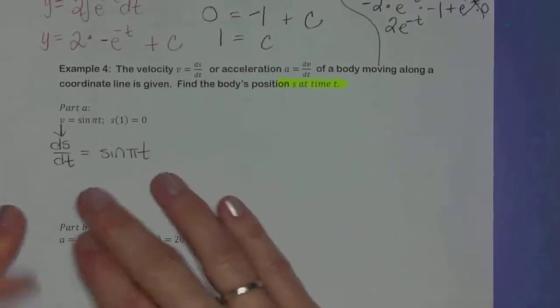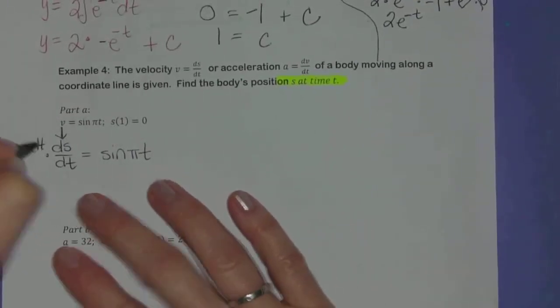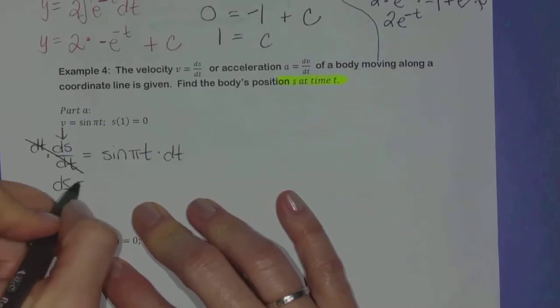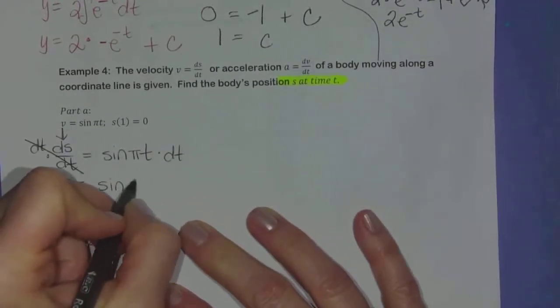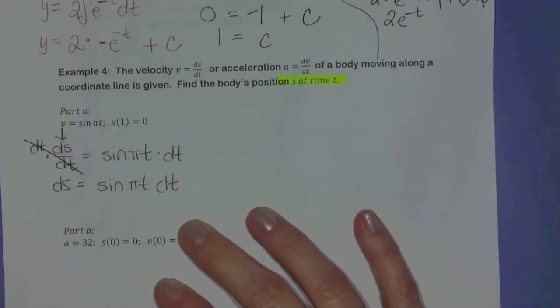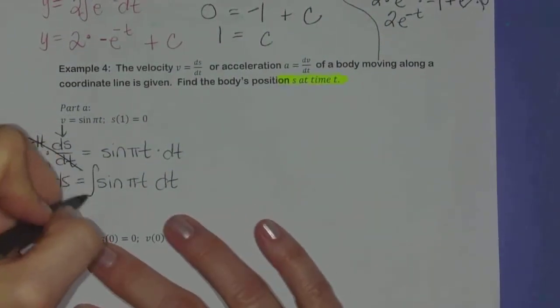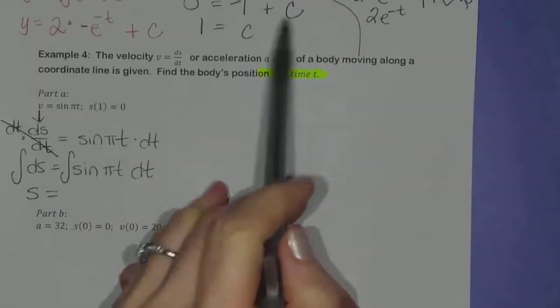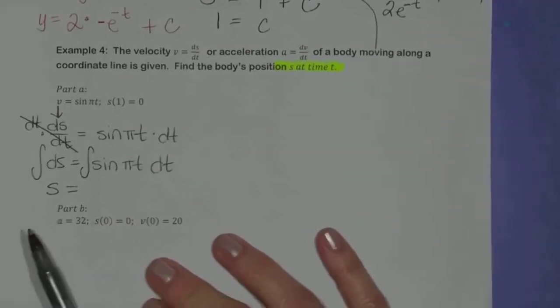Once I have that, I can multiply both sides by dt so that I have ds equals the sine of pi t dt. I will integrate, and voila, s equals. See, that's what I'm after. I want to find s at time t.